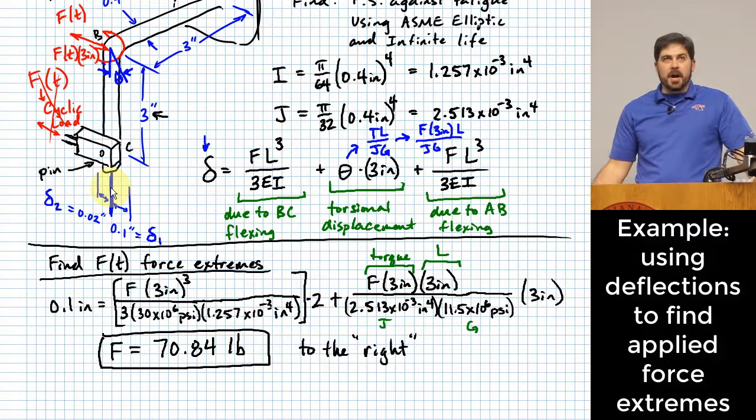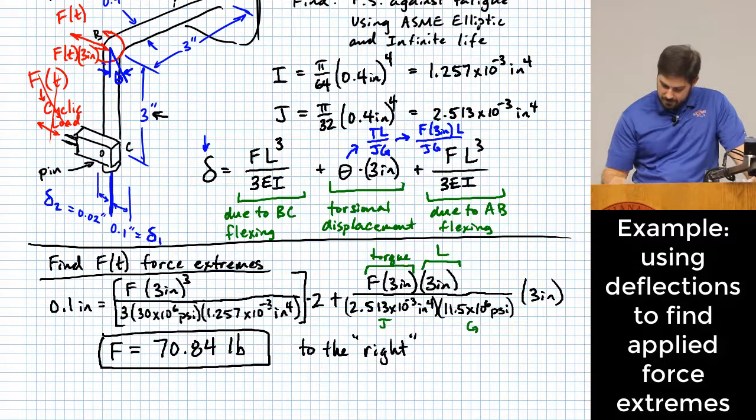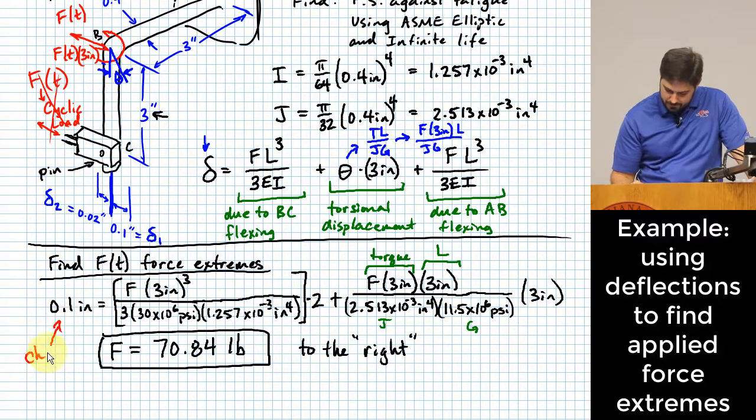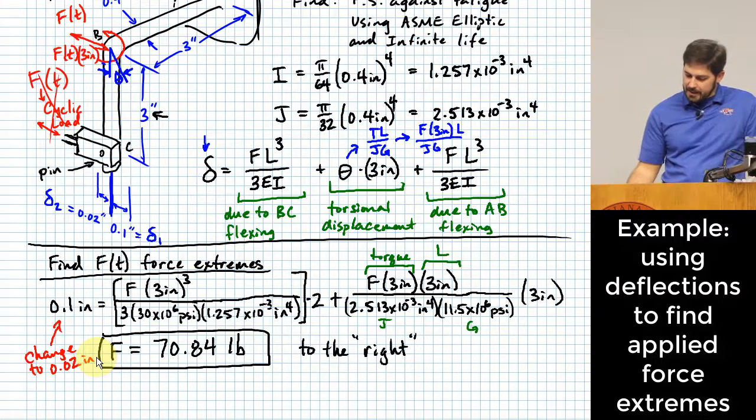So what do we do to find the other direction? All of this again, nothing changes except what? So we change that to 0.02 inches and calculate again.